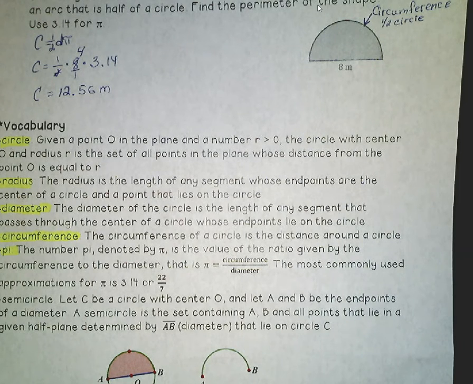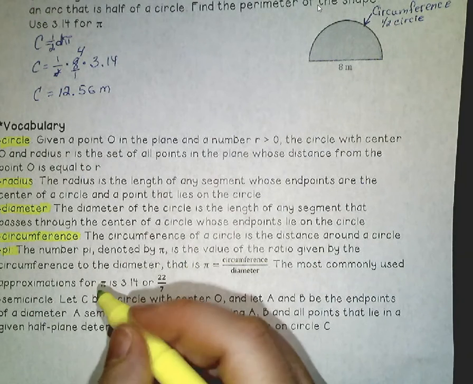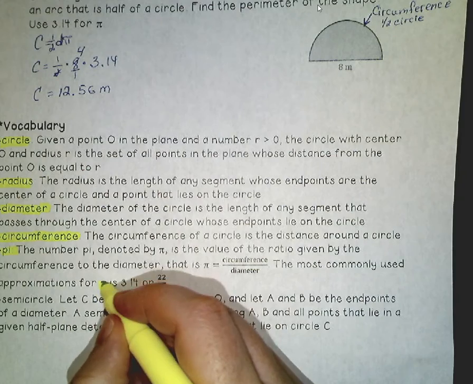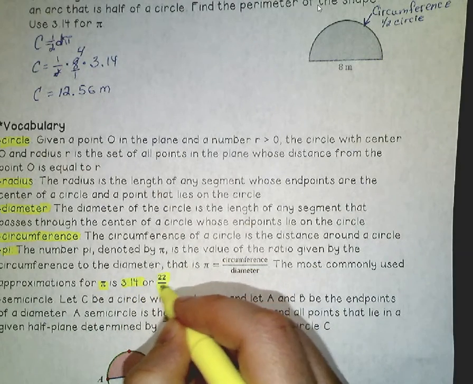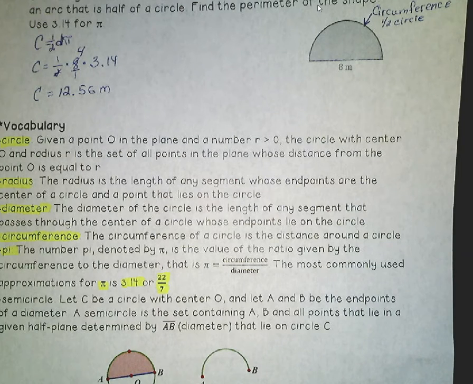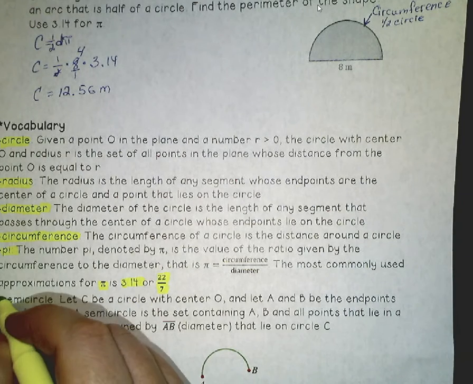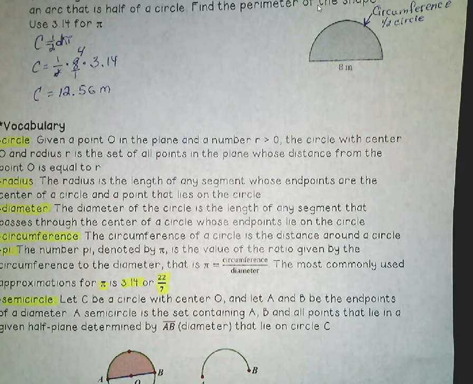The most commonly used approximation for pi is 3 and 14 hundredths, or 22/7. Semicircle is half of a circle. So let's say we have a circle with the center O right here, and let A and B be the endpoints of a diameter.